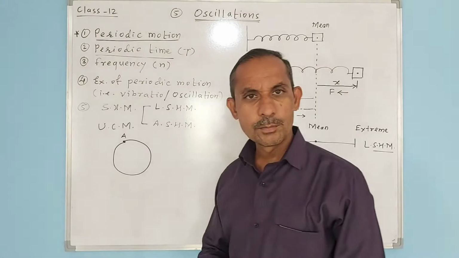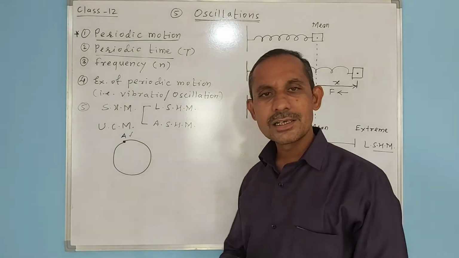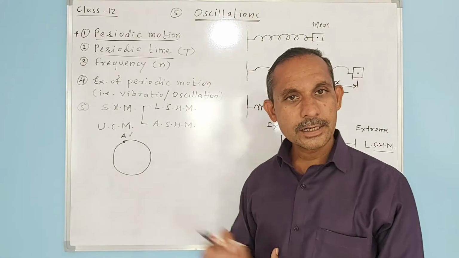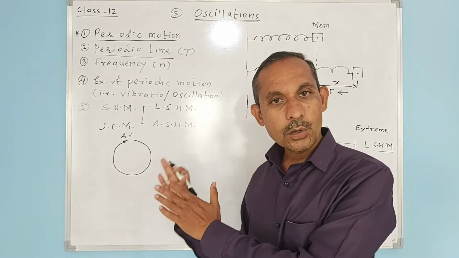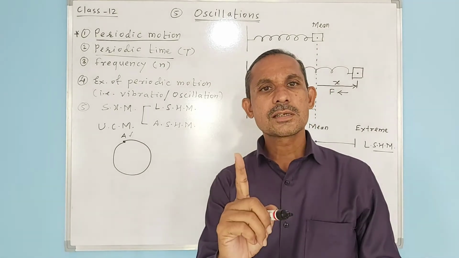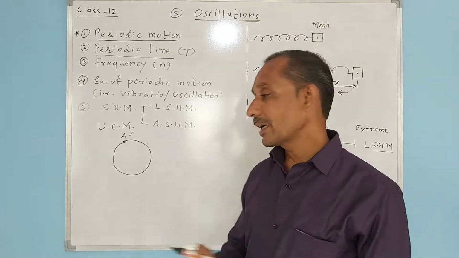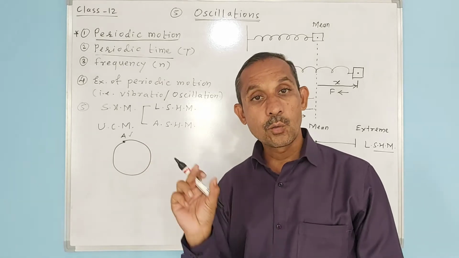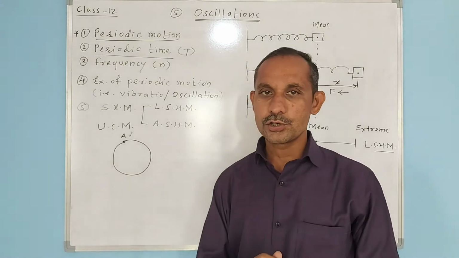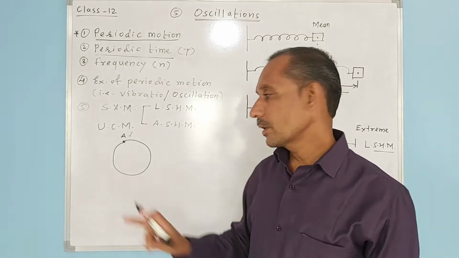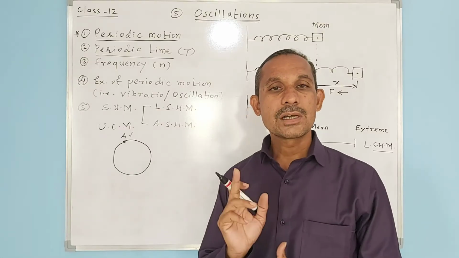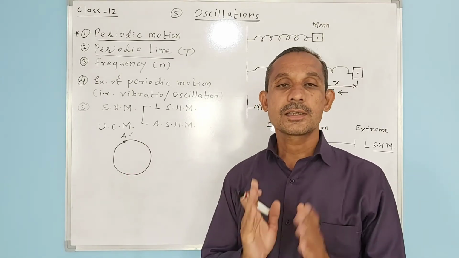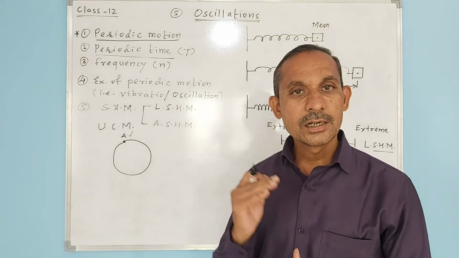In this uniform circular motion, a particle starts its motion from position A and comes back to position A. This means the body has performed one circular motion, or one set of motion. The time taken by the body to complete one set of motion, that definite time is called the periodic time.